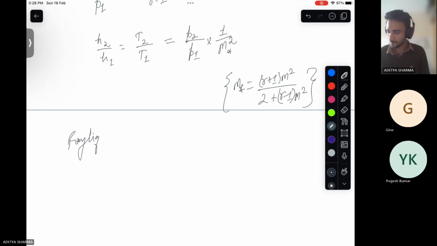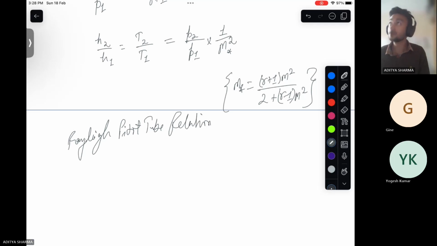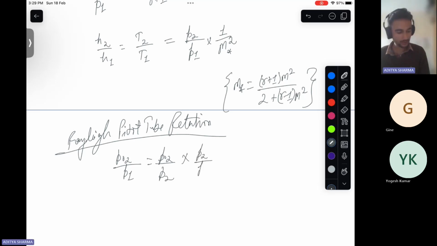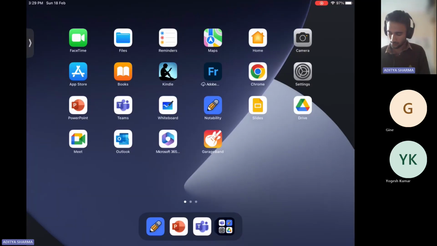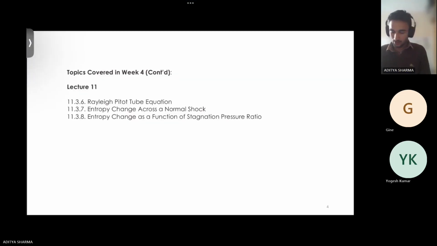Something like this is there. Then after that we have the entropy change across a normal shock.